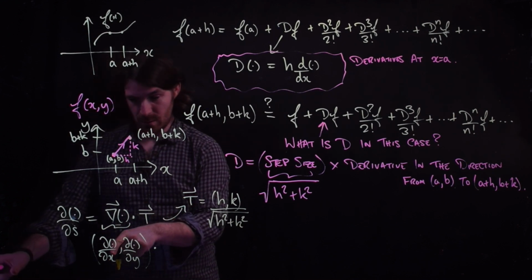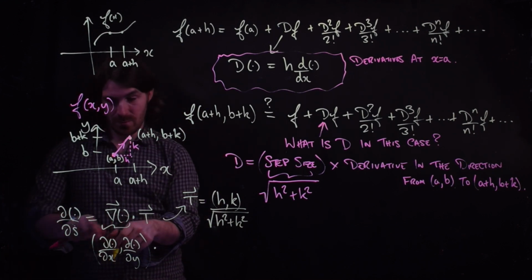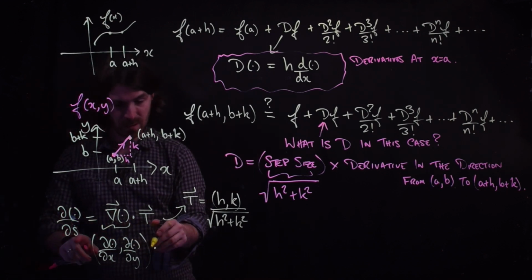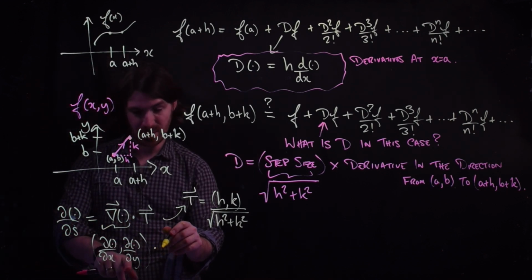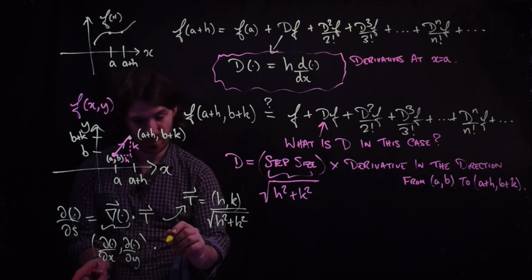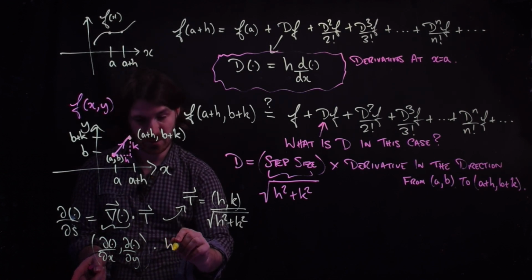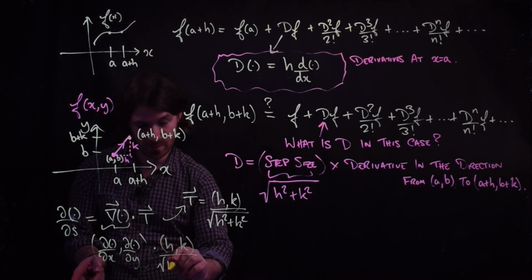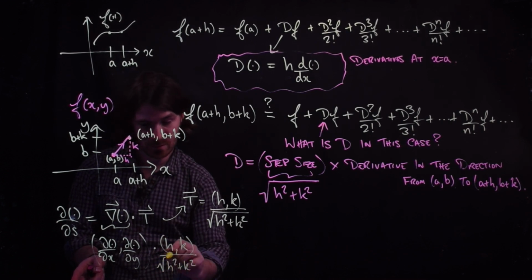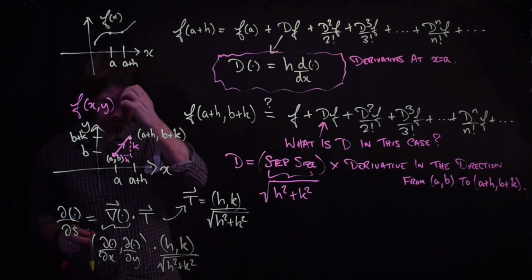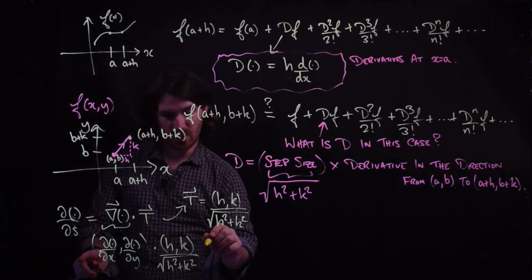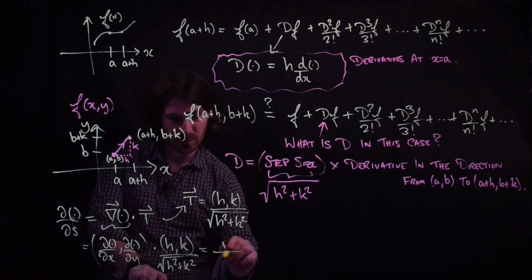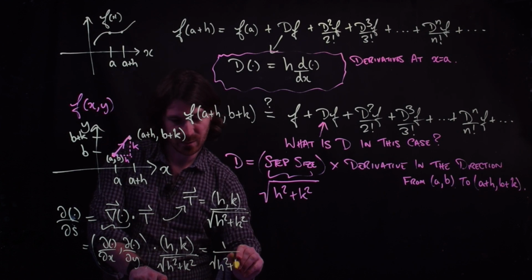Okay, so the directional derivative, let's call it, let's just keep it like this. It's d by dx, d by dy, a vector, dotted with the vector h, k, with a factor of h squared plus k squared on the denominator, which equals 1 over the square root of h squared plus k squared.